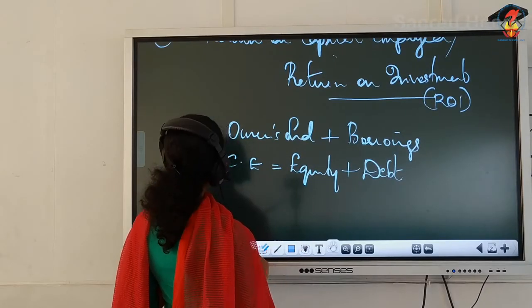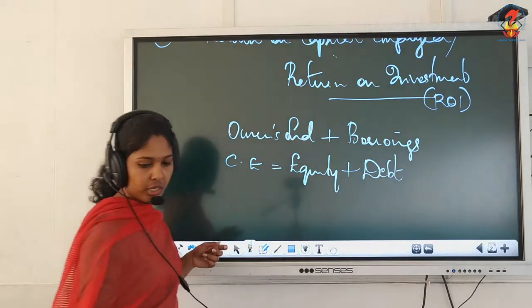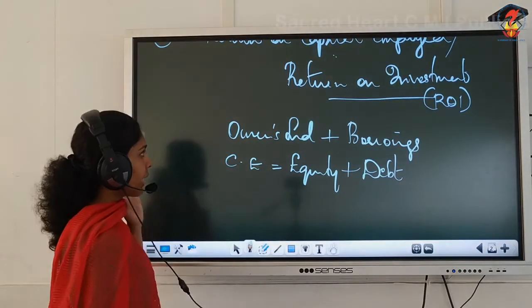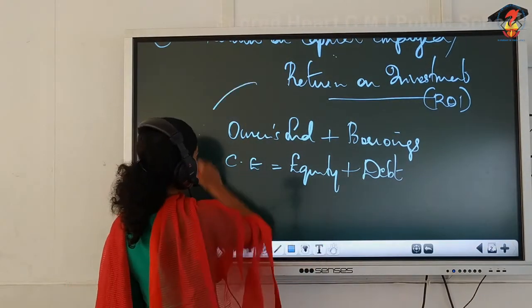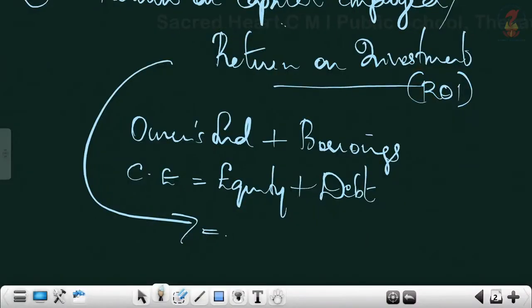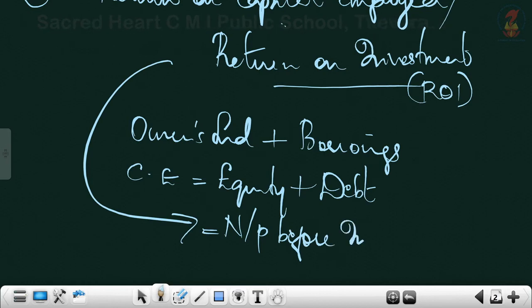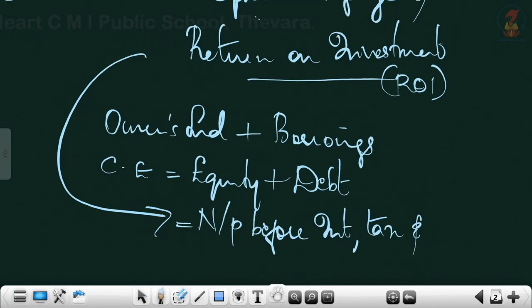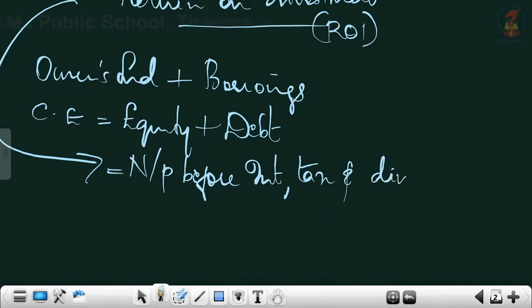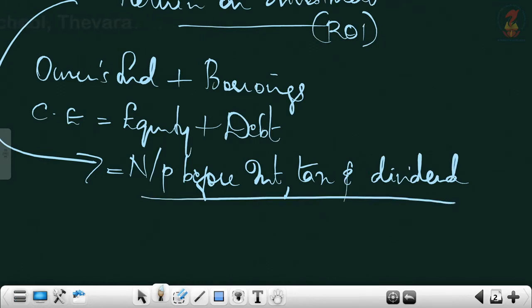And the formula to compute return on investment or return on capital employed is equal to net profit before interest, tax and dividend divided by capital employed into 100.